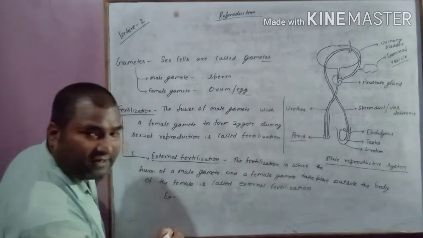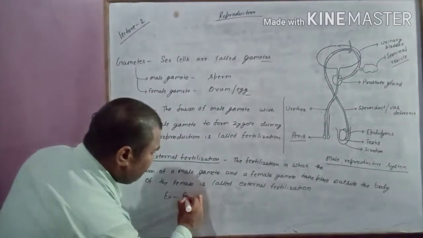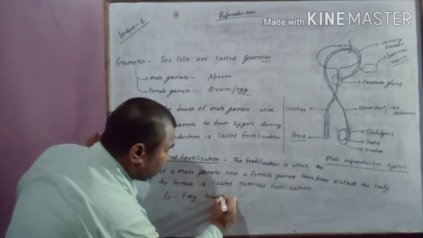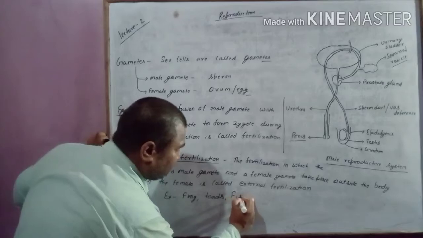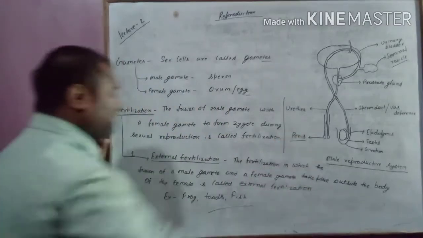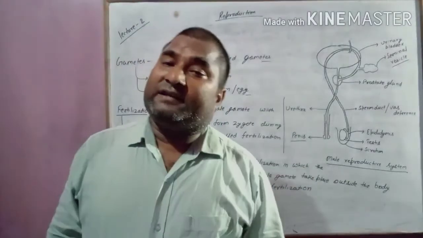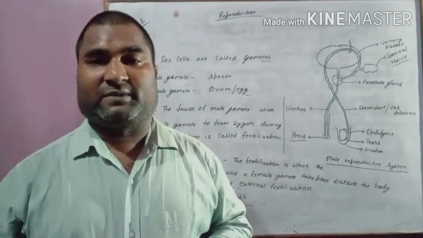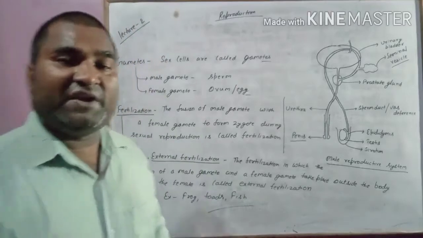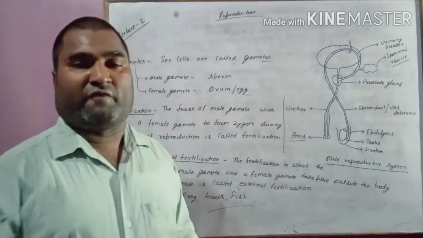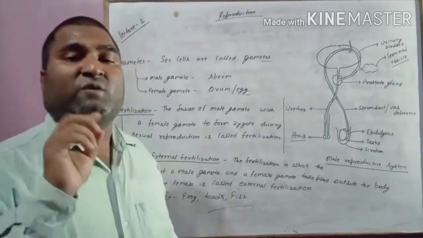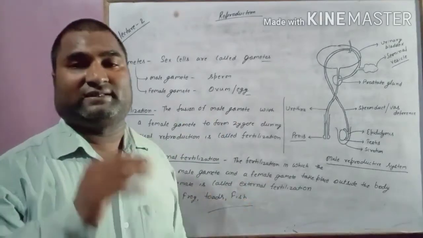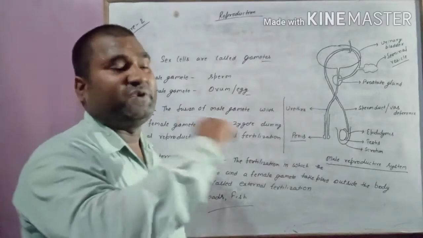Example: external fertilization is seen in frogs, toads, fish. Aquatic organisms can only afford external fertilization because sperm need to swim to the ova. That's why the aquatic environment is the only place where sperm can swim.